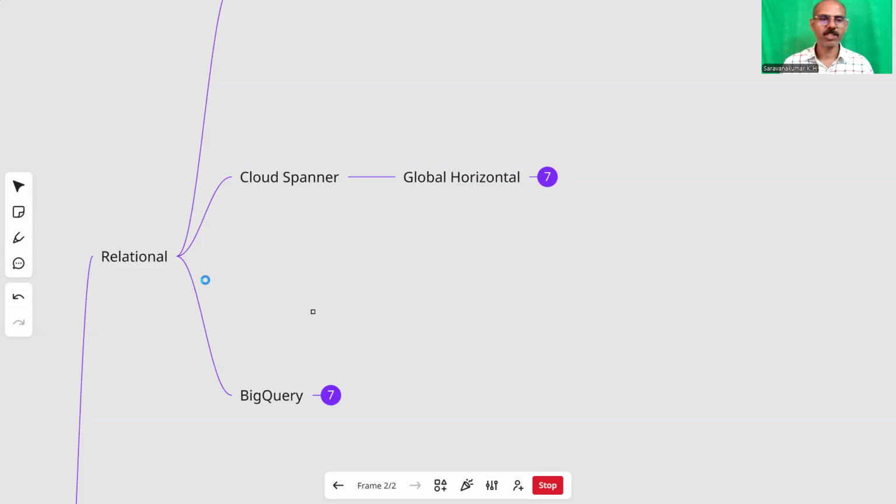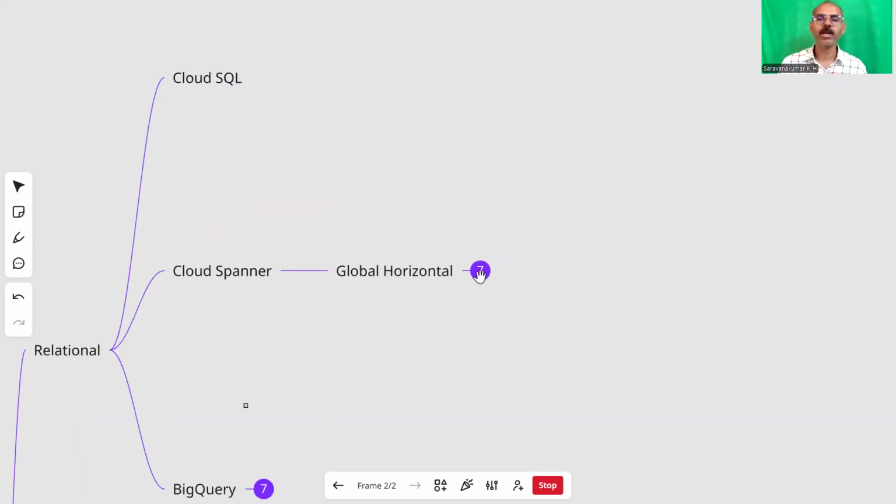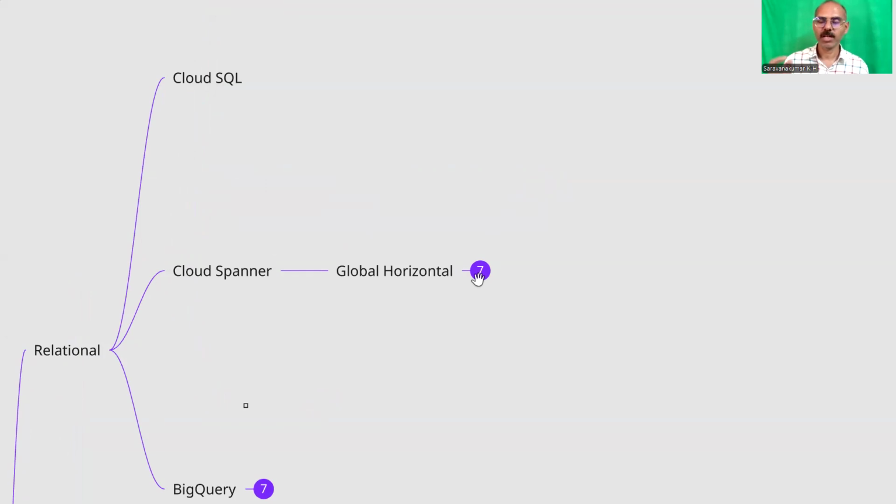The next relational database is Cloud Spanner. It is globally horizontal, which means it's a distributed database, mainly used when you want to expand your organization and applications globally.